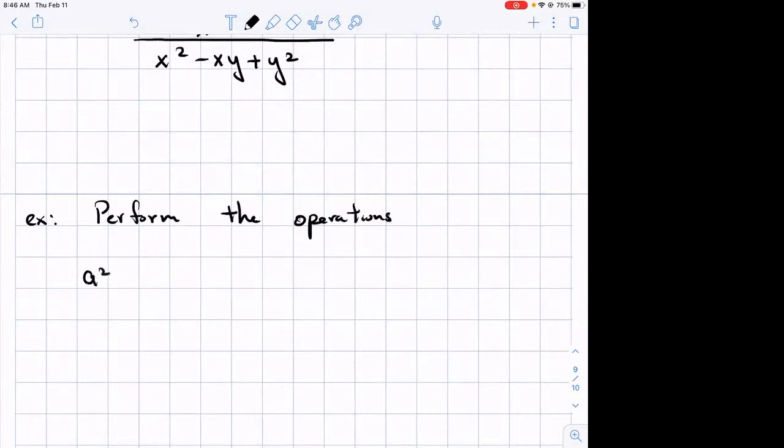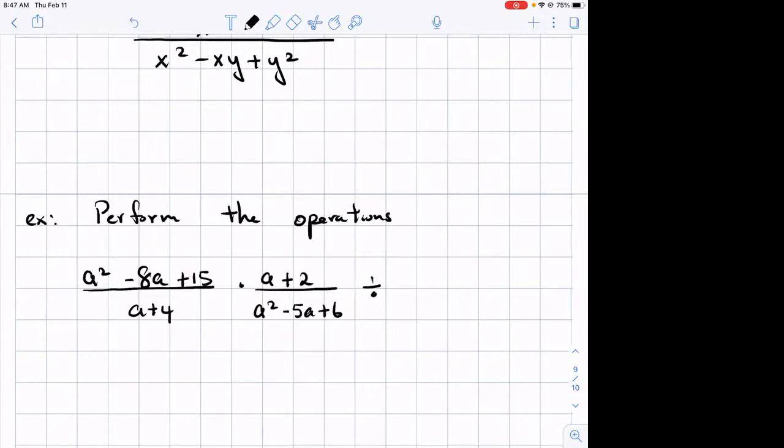I have a squared minus 8a plus 15 over a plus 4 times a plus 2 over a squared minus 5a plus 6 divided by a squared minus 3a minus 10 over a squared plus 2a minus 8.